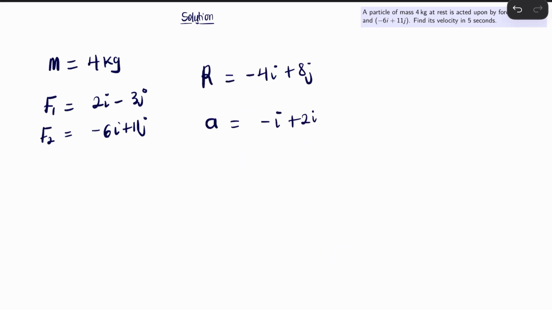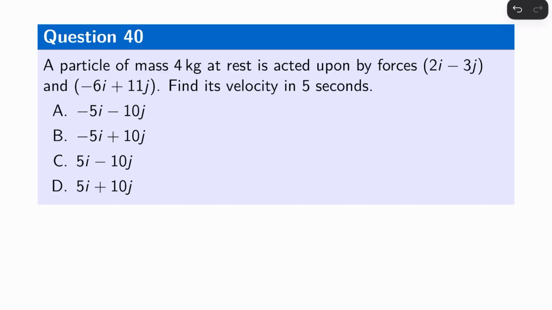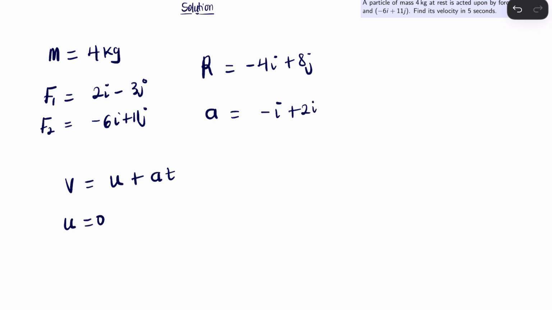Now let's compute the velocity. We know that v is equal to the initial velocity u plus at. From the question, the particle is at rest, and so the initial velocity u is equal to 0. And t from the question is 5 seconds, right?